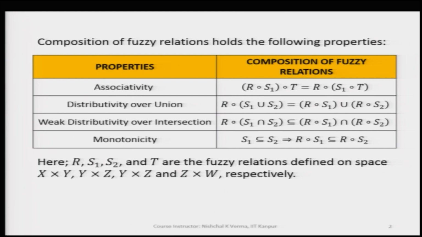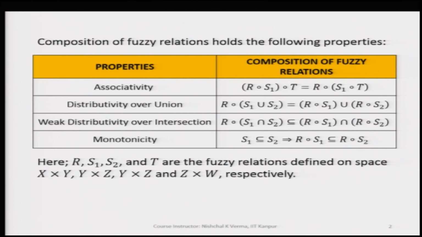And here I would like to mention that the fuzzy relations R, S1, S2 and T are defined on the spaces, that is the universes of discourse, X cross Y, Y cross Z, Y cross Z and Z cross W respectively.